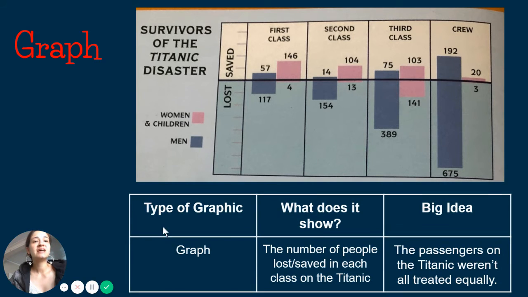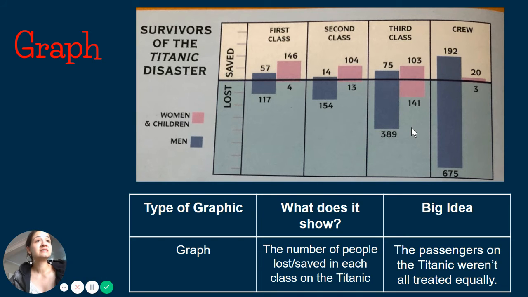So we've decided it's a type of graph. It's showing the number of people lost and saved in each class on the Titanic. If we look closely, we can see here that across classes, more and more people's lives are lost, no matter if they're a man or a woman. Third class lost the most lives out of both men and women.